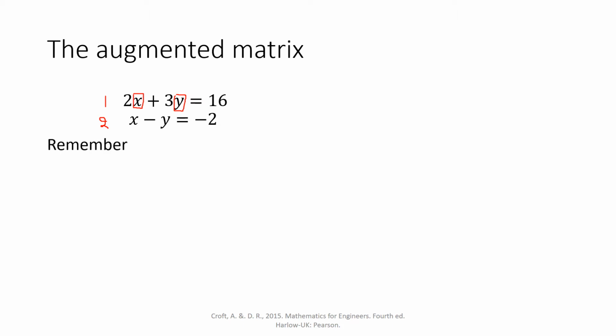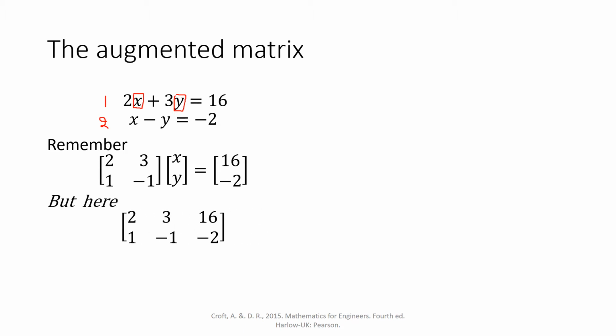Remember in Cramer's rule we used to have 3 matrices for this kind of equations, but here we get only one matrix. It is simply removing these equality symbols.